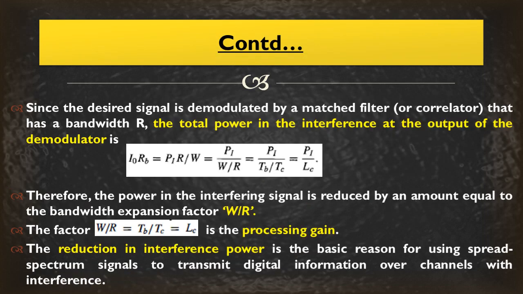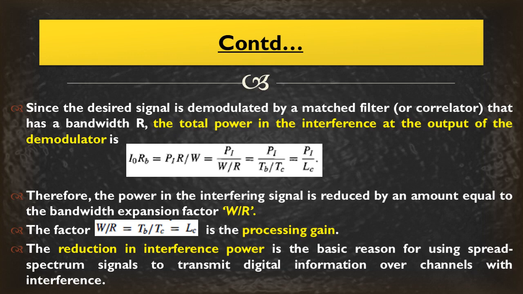So how to calculate the power? Multiplied by the bit rate, R_B, or R, which is the notation I have used throughout the discussions. So I_0 into R will give you the total power of the interference signal at the output of the demodulator. That's what I have told over here.